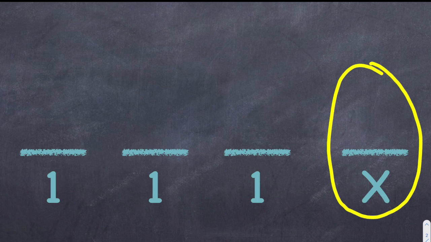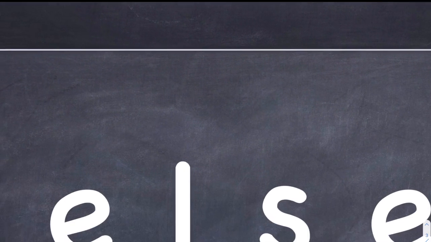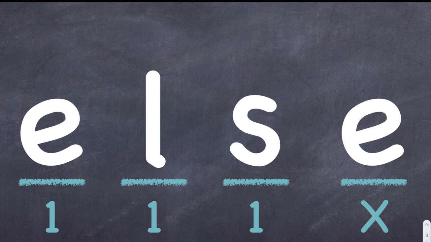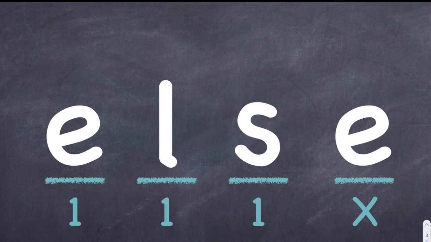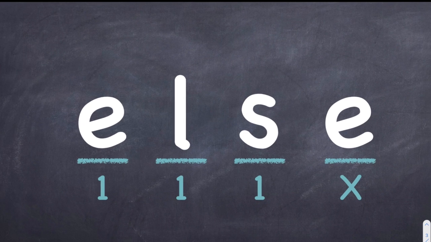So let's sound this out. S. And the sound stops at this last one right there. Else. I'm going to break this down, and here is the spelling for else. Okay, so this is a little bit bigger so we can see the whole thing. Else is right there.